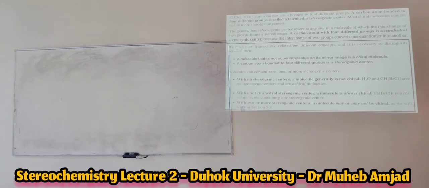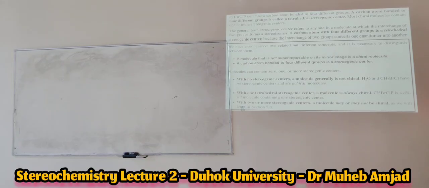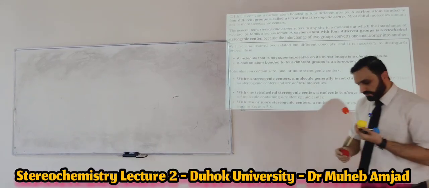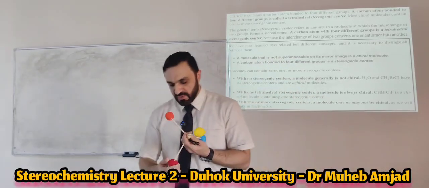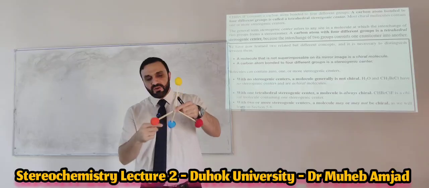So, the general term stereogenic center refers to any site in a molecule at which the interchange of 2 groups forms stereoisomers. If we have an example like this, this molecule has a carbon with 4 different groups.